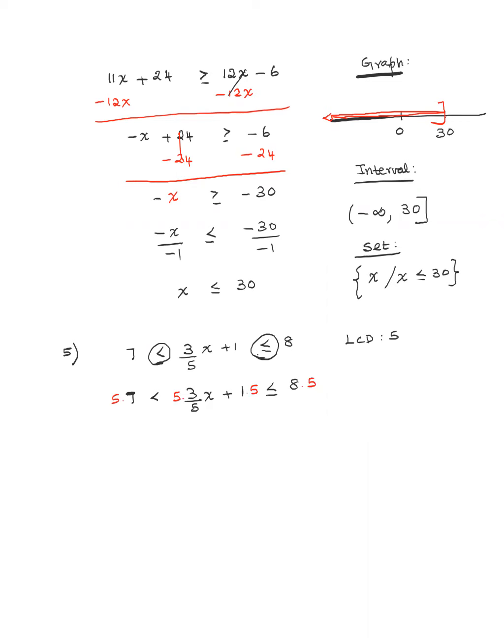So we get 35 is less than, 5 cancels out, so 3x plus 5 is less than or equal to 40. So you can see one is less than, the other one is less than or equal to. Now we have to get the x by itself. So first let's subtract 5 from the whole inequality.